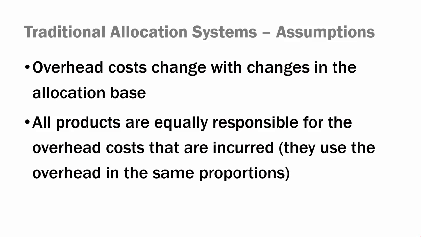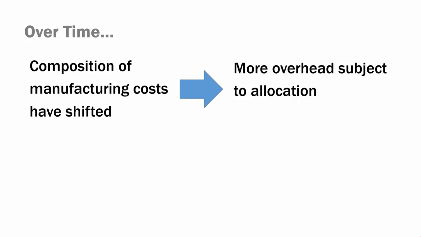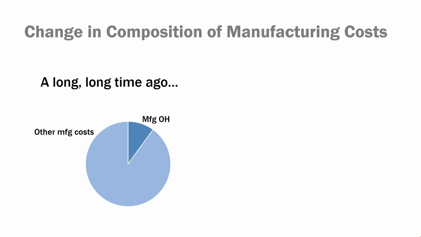It's also worth noting that over time, the composition of costs, particularly in manufacturing organizations, has changed. Decades or more ago, manufacturing processes were very labor-intensive, with little automation, little computerization, little technology. So indirect costs were a very small proportion of total manufacturing cost.